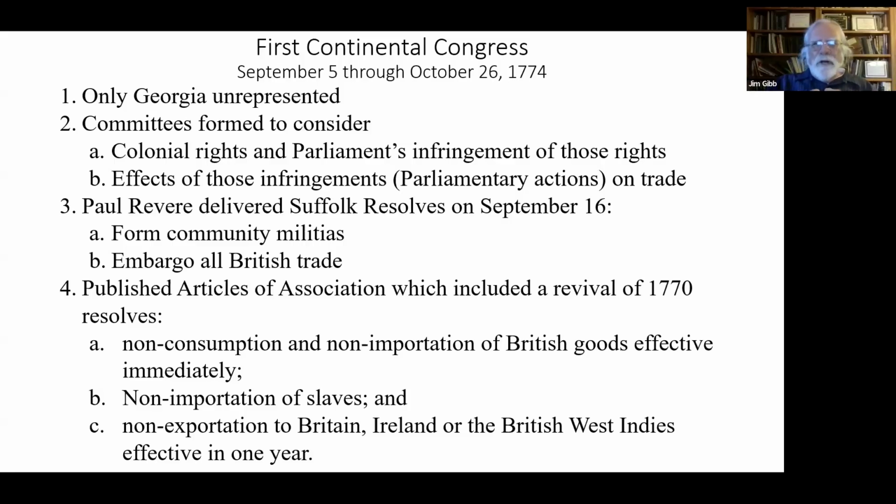At first blush, you go, well, how can this be? How can you have a committee meeting simultaneously on the effects of these infringements before you actually demonstrate what the rights are and how Parliament is infringing upon them? What I see in this is that they already knew what their colonial rights were, and they already knew how Parliament was infringing on those rights.